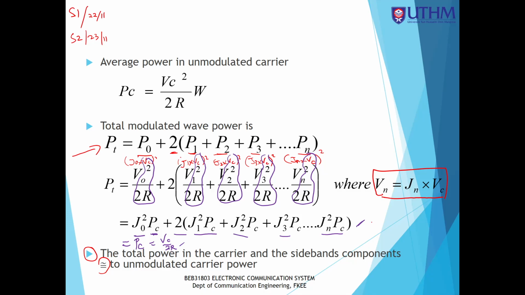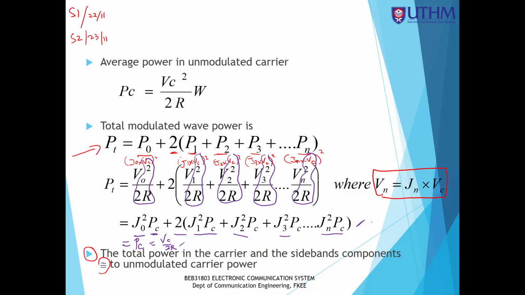Why? Because the Bessel table in your lecture notes has neglected values less than 0.01. So there will be a very small difference in values, but theoretically, secara teorinya, total power is equal to carrier power.